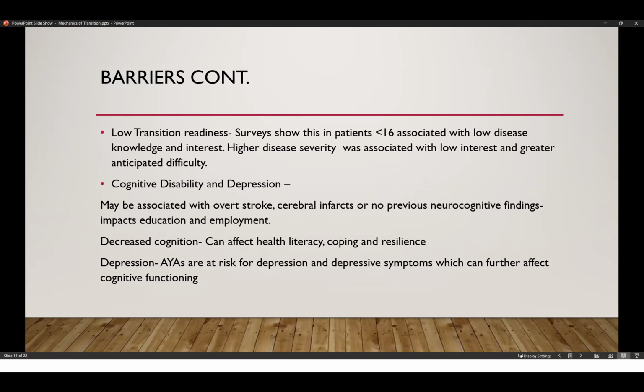So decreased cognition, as we said, can affect their health literacy. They may not understand their own health issues. They may not understand the health system really well, which can again result in fear and mistrust, and they may not want to even do it. And then depressive symptoms can further affect cognitive functioning. So all these things are barriers that need to be addressed.